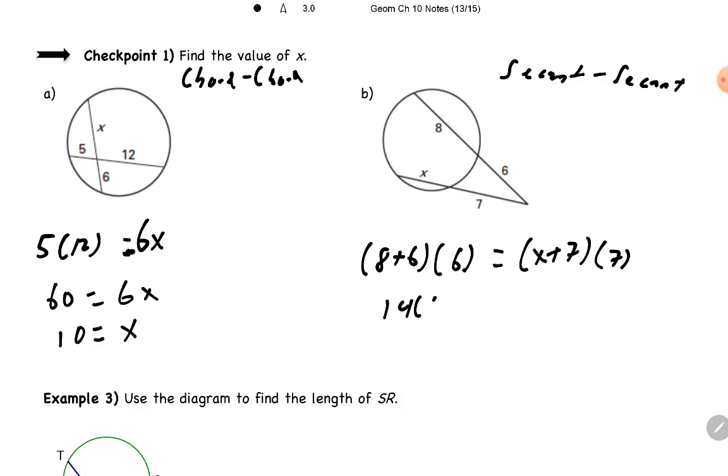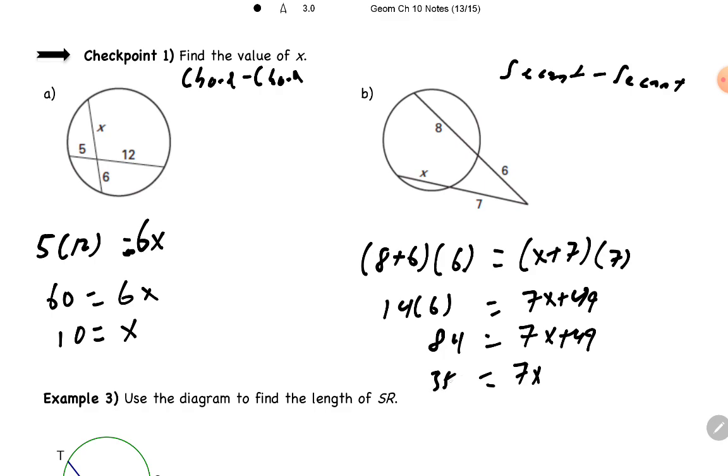So this is 14 times 6 equals 7x plus 49. So we'll get 84 equals 7x plus 49. So we'll get 7x equals 35. So x equals 5.